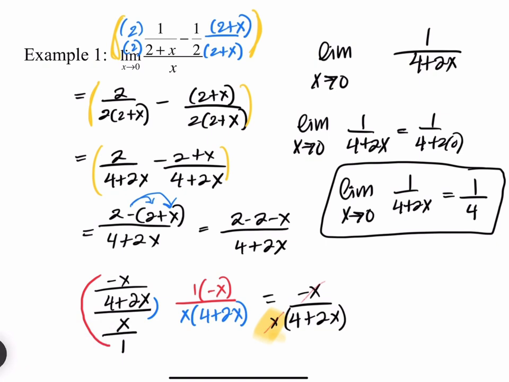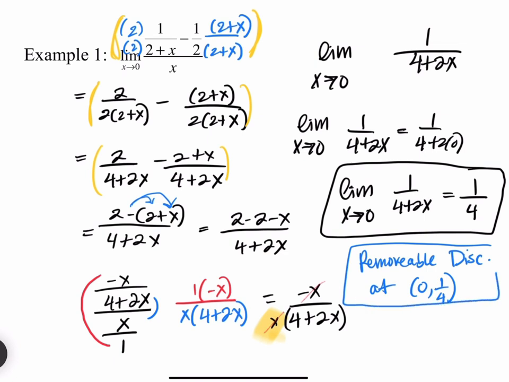And same thing, I do have a removable discontinuity at x equals 0, which is what we were approaching, and the limit value was 1/4. So extremely similar to the last problems we just did. Instead of factoring, I'm using complex fractions to avoid undefined values.